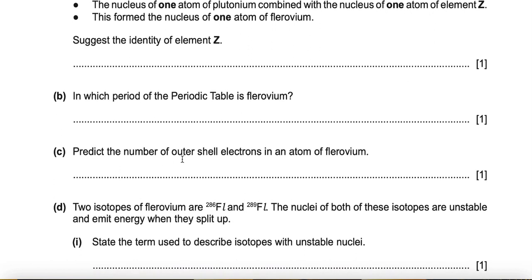Now predict the number of outer shell electrons in the atom of flerovium. The number of electrons in the outermost shell will be 4.